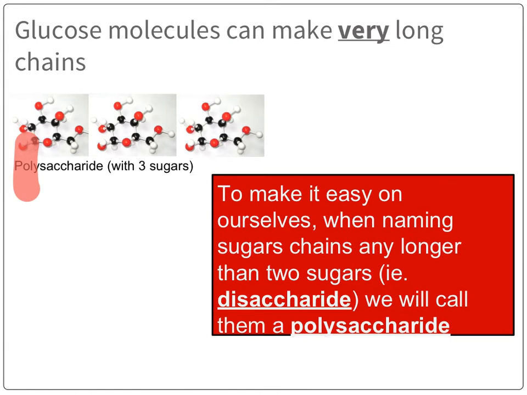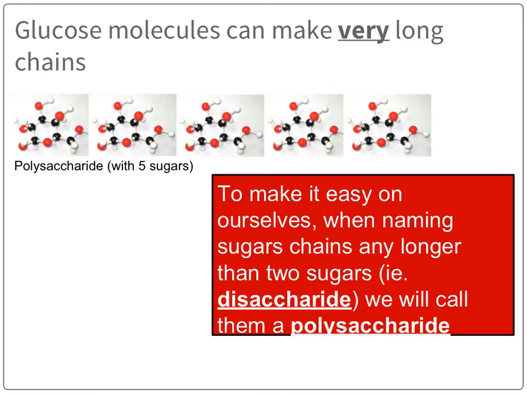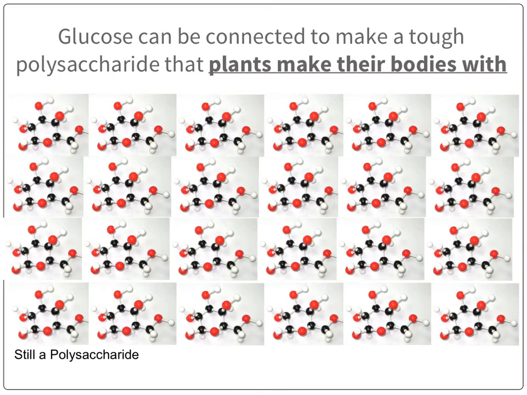So there's a polysaccharide with 3, here's a polysaccharide with 4 sugars. Here's a polysaccharide with 5 sugars. But the point here is that regardless of how long, okay, here's 6 sugars, you're still calling it a polysaccharide, which is helpful because in reality, plants make their bodies with polysaccharides, and these polysaccharides can become extremely long.